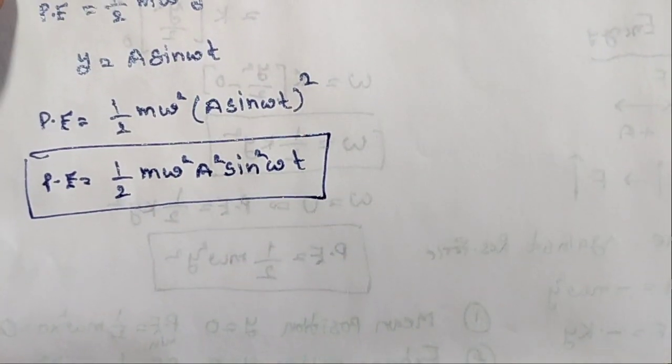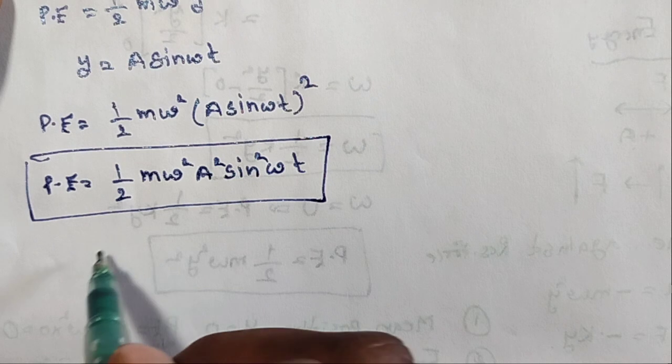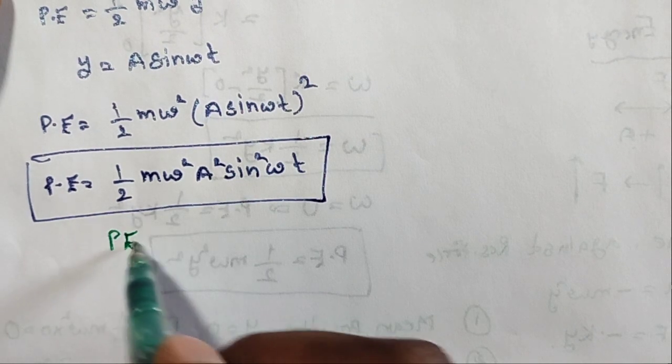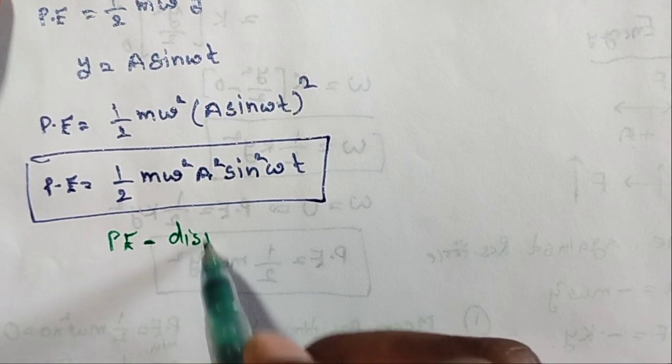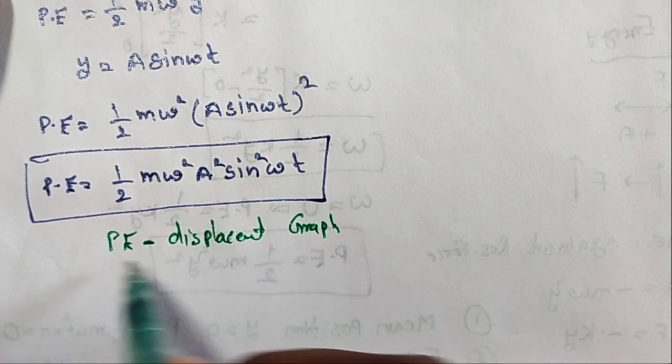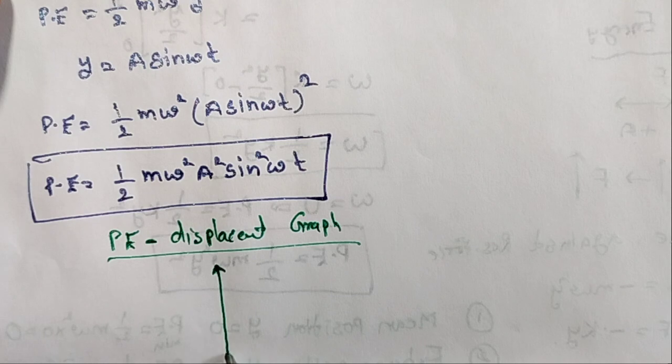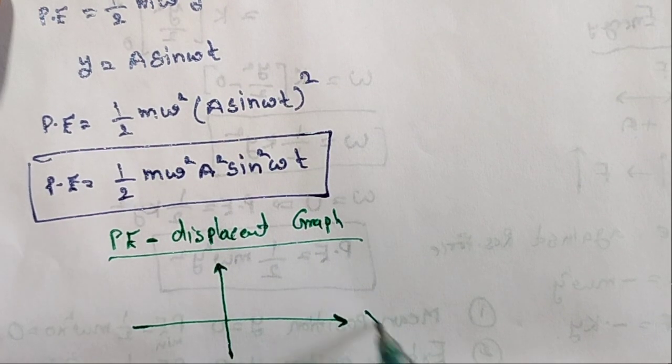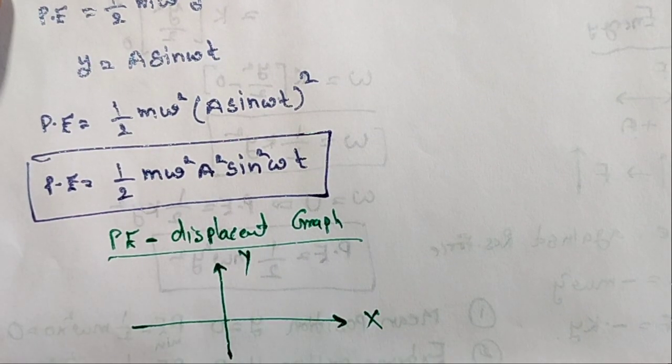So what is the graph of the potential energy? Here I am taking the potential energy and displacement graph. One is the x-axis, this is the y-axis. In the x-axis I am taking displacement.